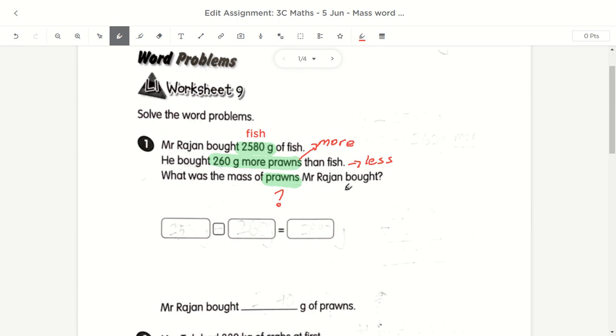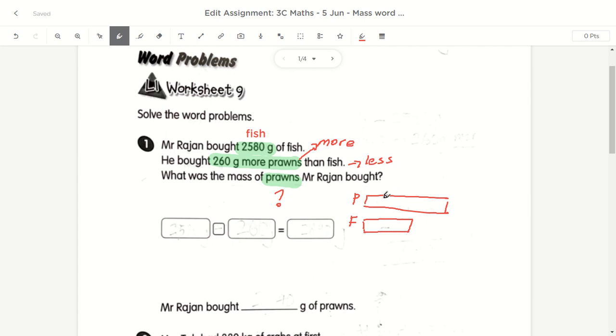All right, so I know that he bought more prawns than fish, so I have prawns, I have fish. More prawns, so prawns must be longer, fish must be shorter. I don't care how short, as long as it's shorter, it's fine.